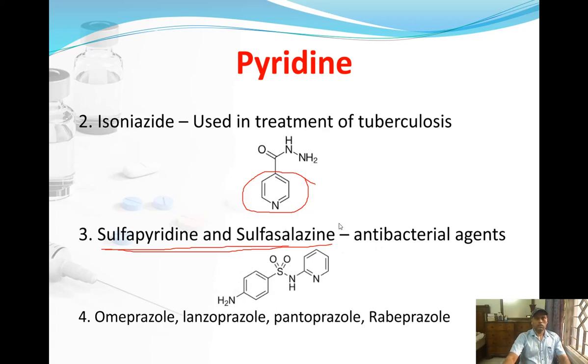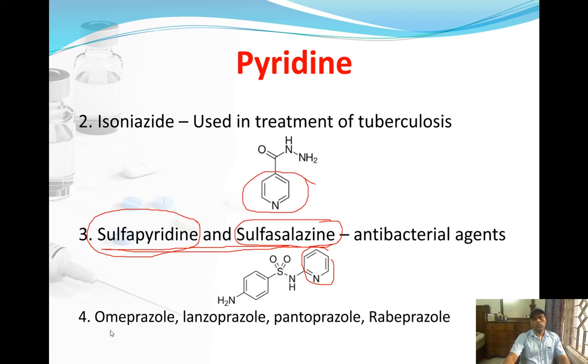These products are used in dermatitis, and sulfasalazine is used in ulcerative colitis. So this has got a pyridine ring, as you can see here. This is the structure of sulfapyridine. So sulfapyridine and sulfasalazine are sulfa products or sulfonamide products.